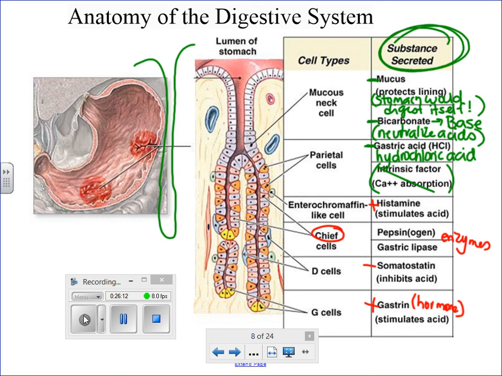The acid activates it, and then we refer to it as pepsin. So, if I take pepsinogen and I add acid, I get pepsin. So that enzyme requires your stomach acid to be active.